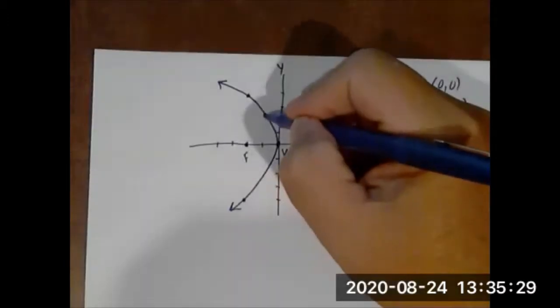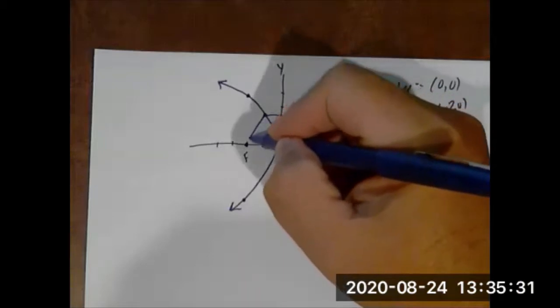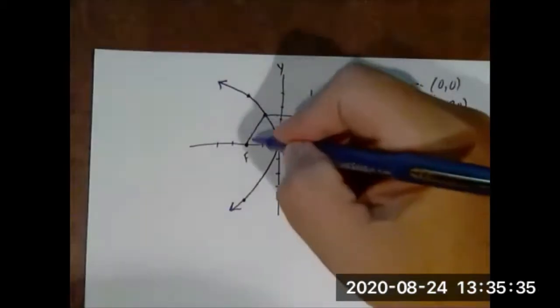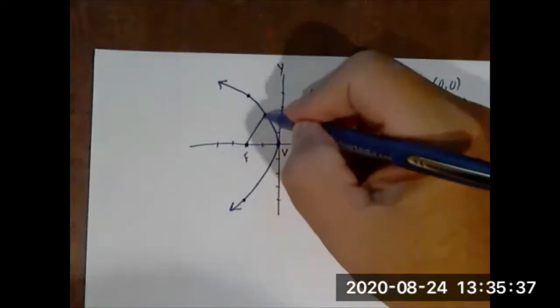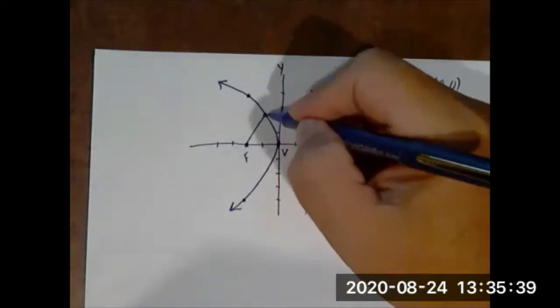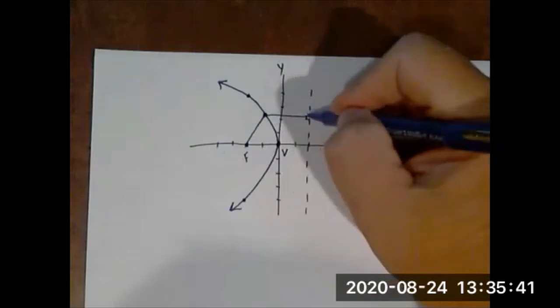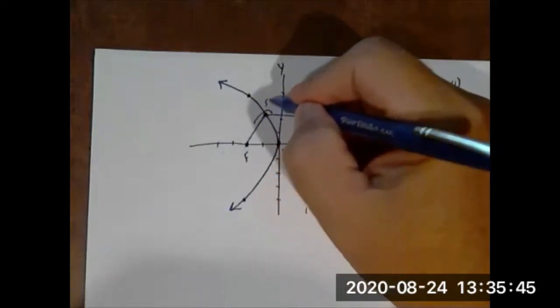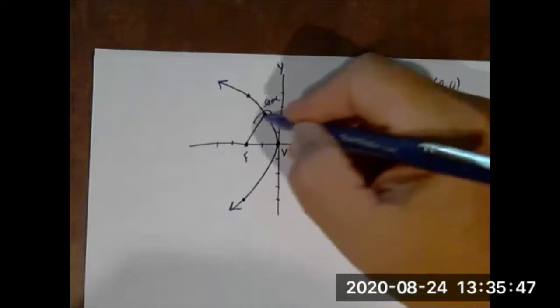And then from that point, I go to my focus. The idea of a parabola is the distance from the focus to this point on the parabola, and from this point to the directrix, these are the same length.